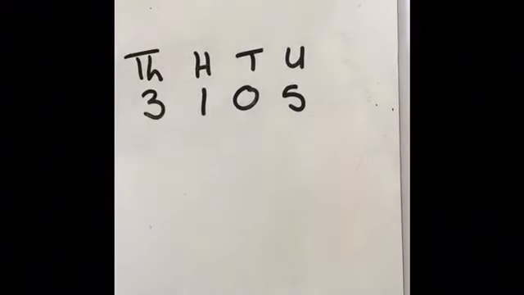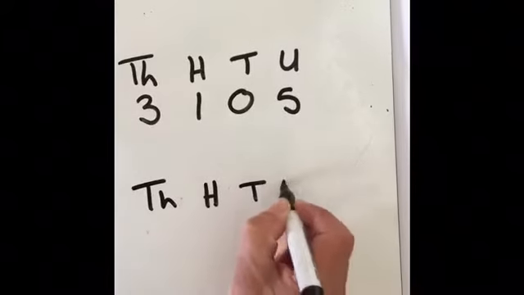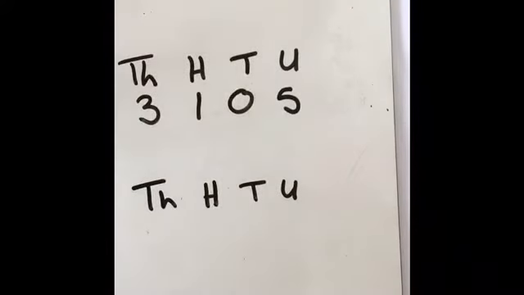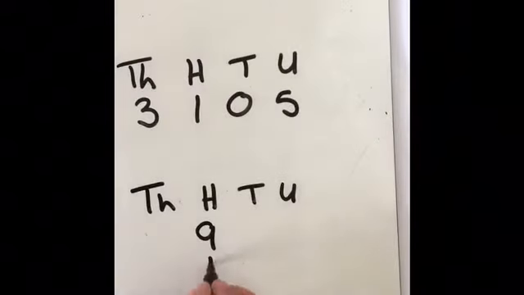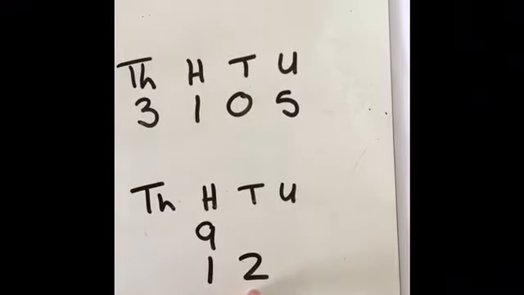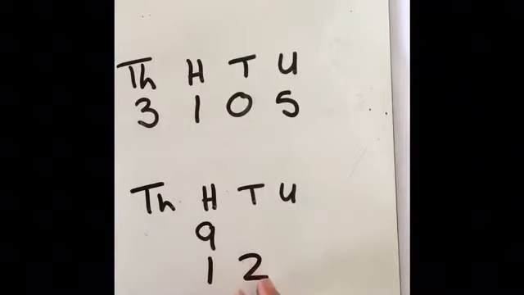And then the same again with the next one. It tells us we have, we'll do thousands, hundreds, tens and units. We have 9 hundreds, we'll put 9 in the hundreds. We have 12 tens. So 12 tens would go 1 in the 100, 2 in the tens, like that. That's how you write 12 tens, because you can't fit 12. You can't put 2 digits under the tens, so you have to move that one up into the hundreds.